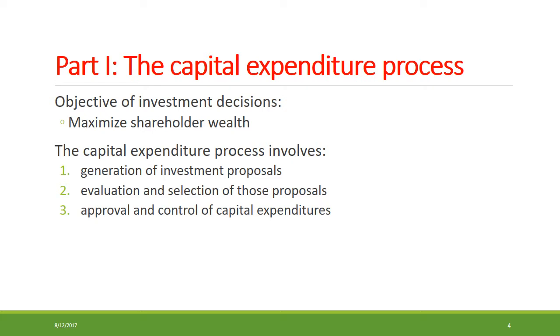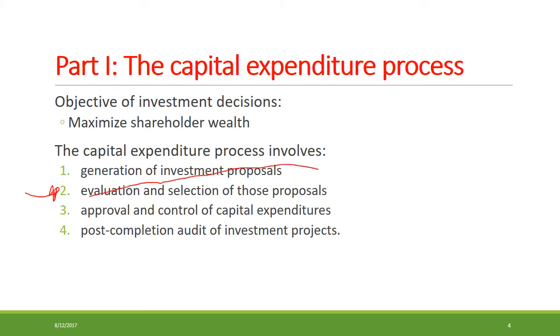Once we pick a project, we then control the process of capital expenditures. And finally, post-completion audit of the investment projects, right? So for this topic, we are focusing on step 2. So we're trying to see how we can evaluate different investment projects.